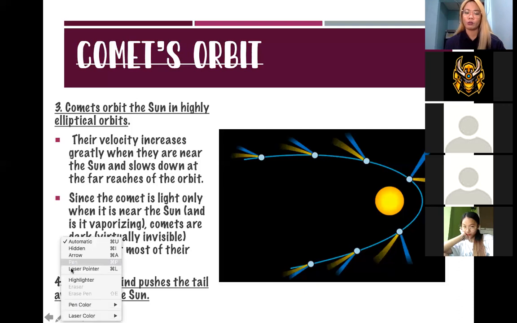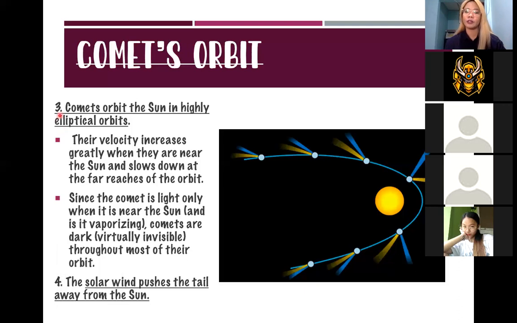So ito yung word niya, elliptical siya. When we say elliptical, parang oblong, more of mahaba siya. And that's the reason why some comets can really go out of our solar system and visit other solar systems because of their very wide-reaching elliptical orbits.